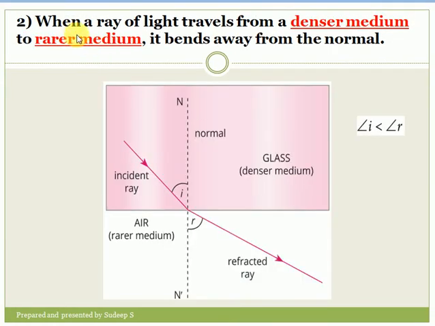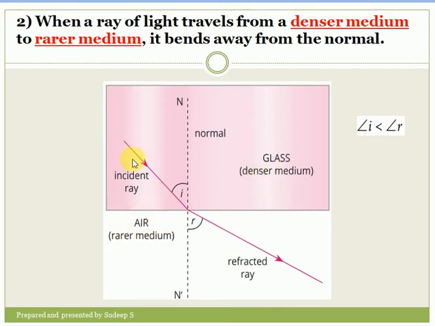In case 2, when a ray of light travels from a denser medium to a rarer medium, it bends away from the normal. So, in this case, ray of light जो है denser medium से rarer medium में जा रहा है. So, denser medium यहाँ पे glass है and rarer medium यहाँ पे air है.